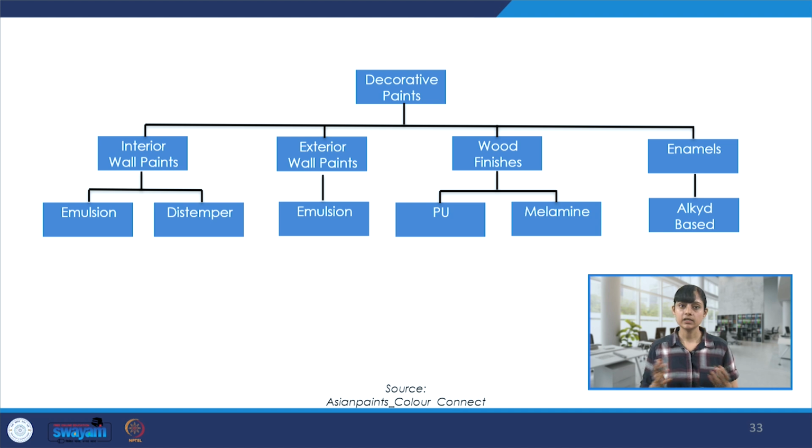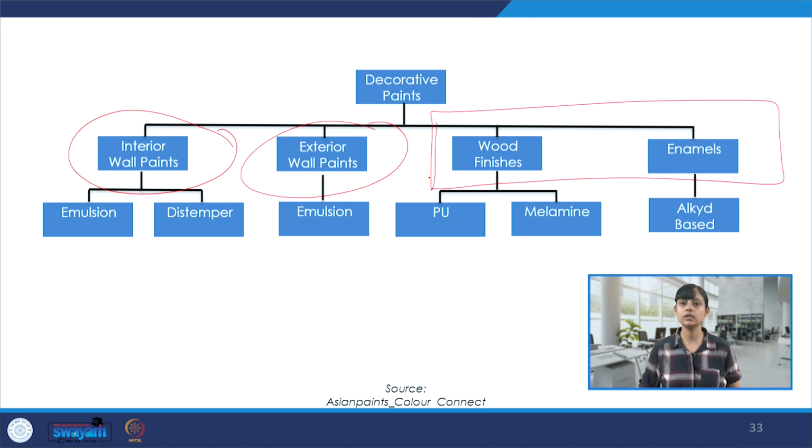And the entire industry, again, starting with the interior paints to exterior, and then how these finishes are also available in wood and enamel, not just for our wall surfaces. What is polyurethane? What is melamine? Also, I added UV to that.